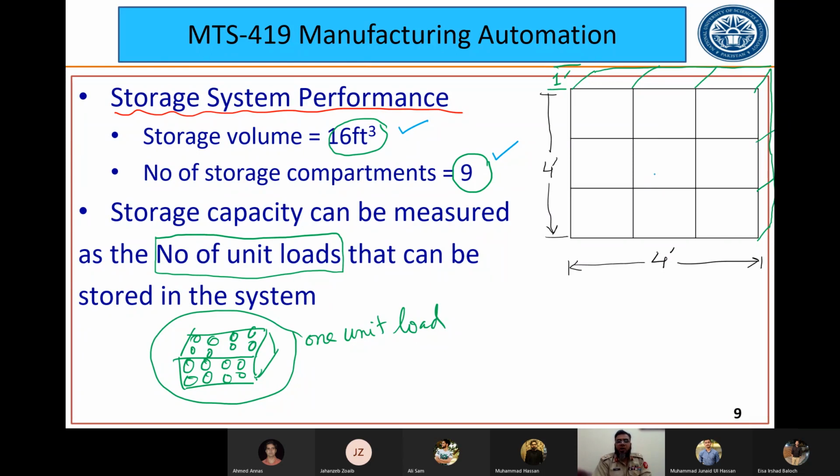Or in other words, in another measure, I can say that this is the storage volume which I have, which is 16 cubic feet. So, have you understood these two terminologies, that the storage capacity in terms of volume and the storage capacity in terms of number of compartments? Is this understood? If it is, then we move forward.